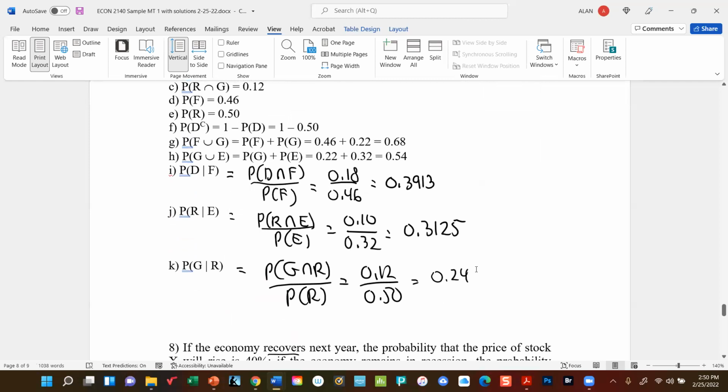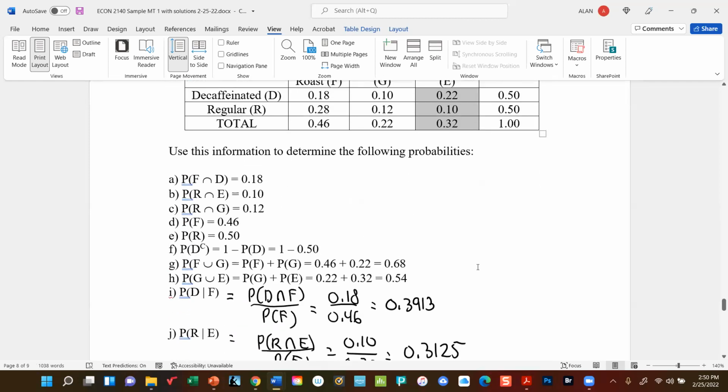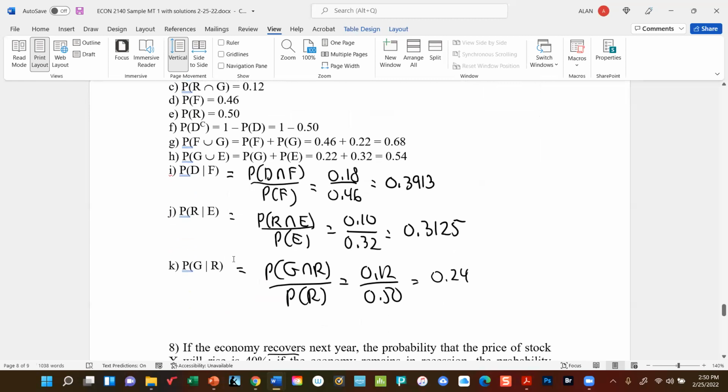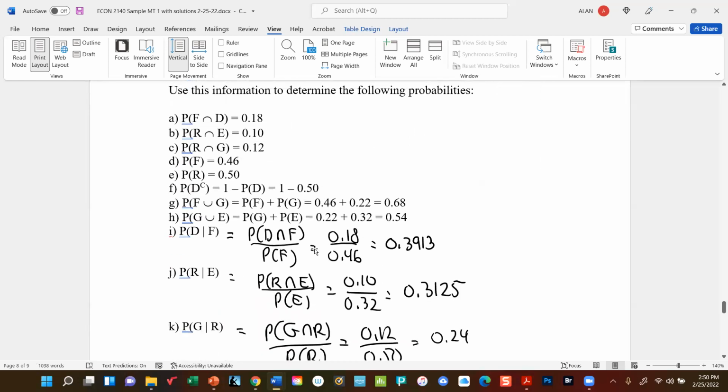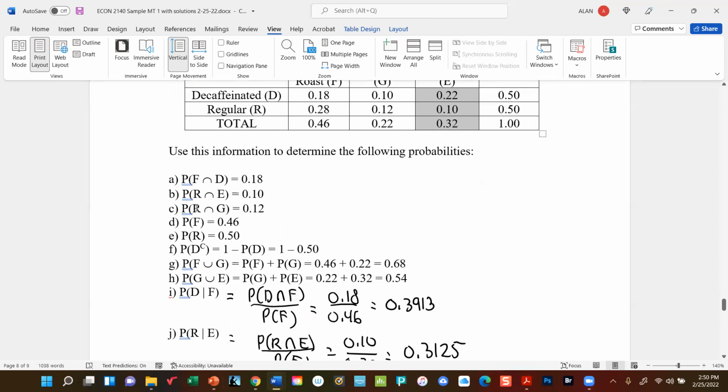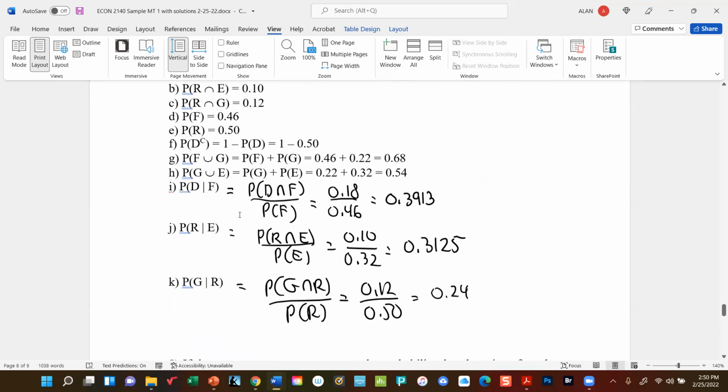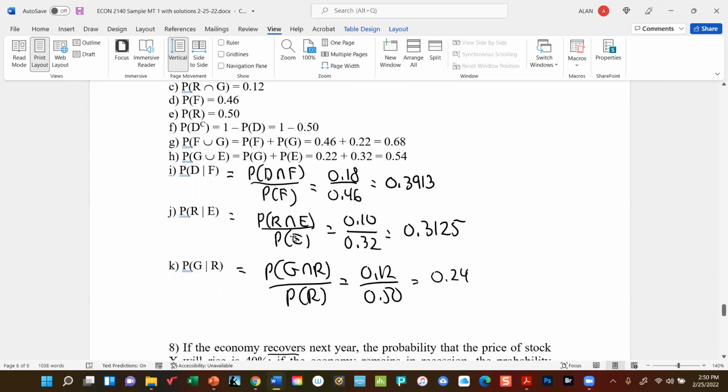Now, G given R, Guatemala and regular. In the numerator of this expression, we have the probability of G and R, oh, there it is. We already have it. And of course, don't forget, just as a side note, the order in which you write an intersection like this does not matter.